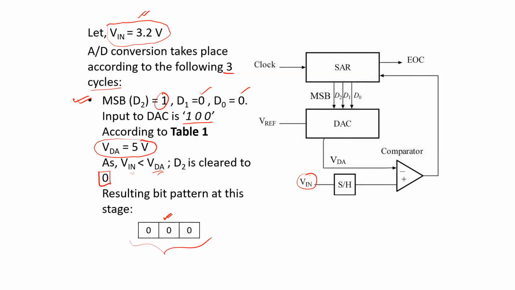Now here I would like to ask you a question, that when our input voltage is less than the voltage provided by the DAC, why are we clearing the bit from 1 to 0? Why are we not keeping it equal to 1? So what can you infer from your intuition?